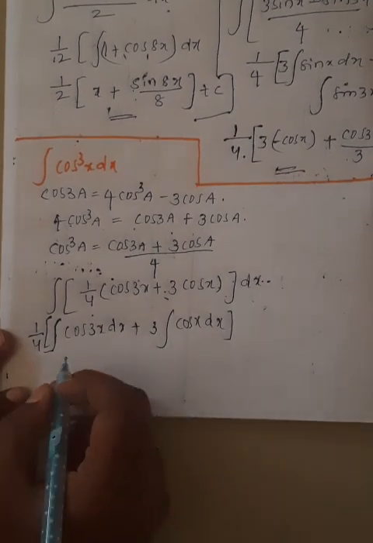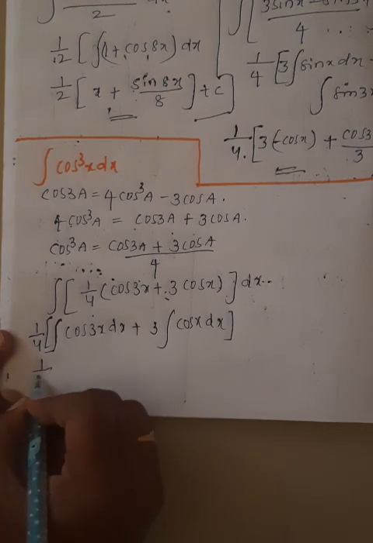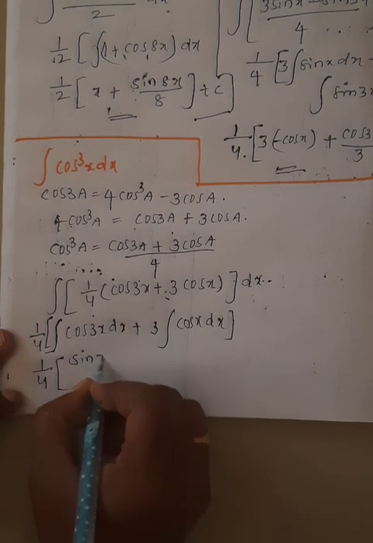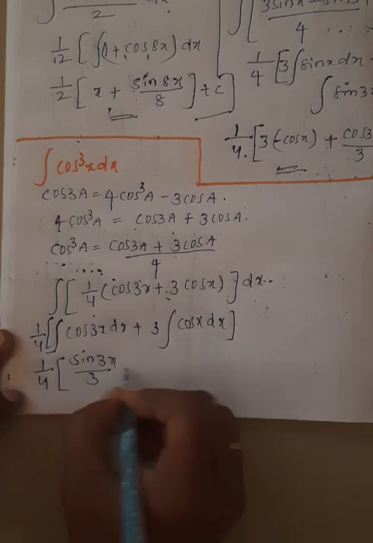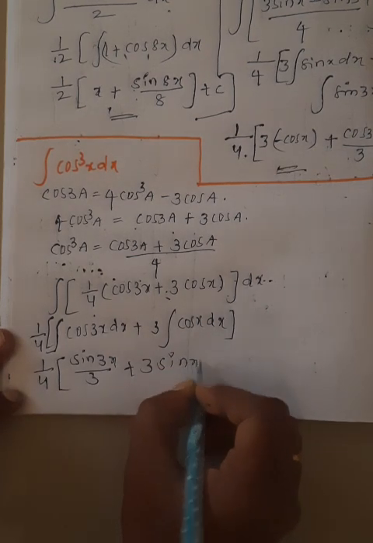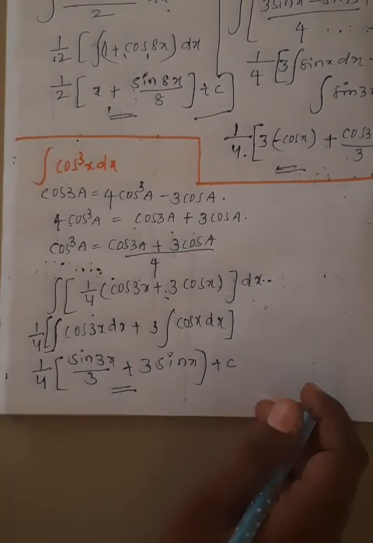Now we know the integration of cos x is sin x. So we can write sin 3x by 3 plus 3 into sin x plus c. So this is our final answer for the given question.